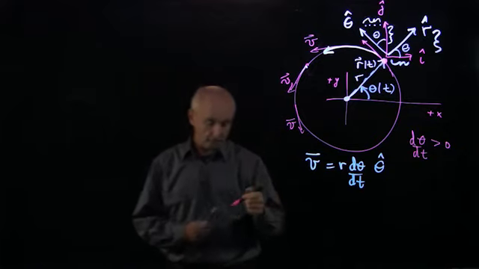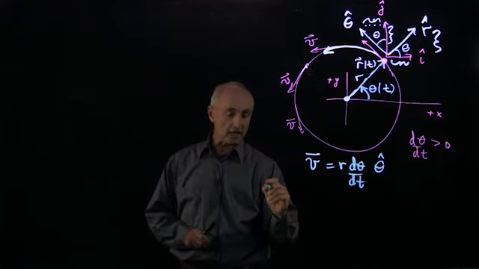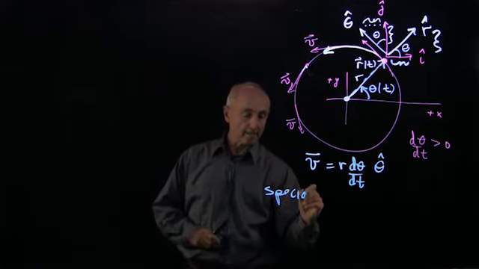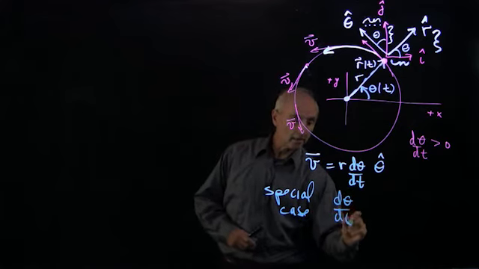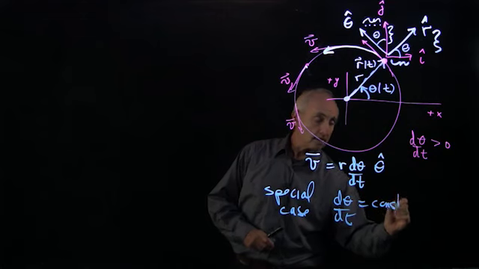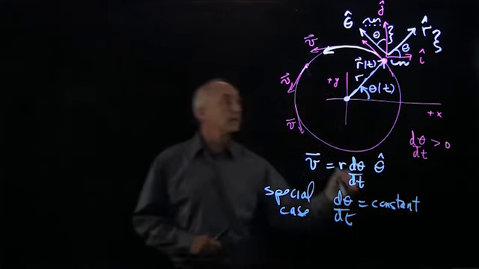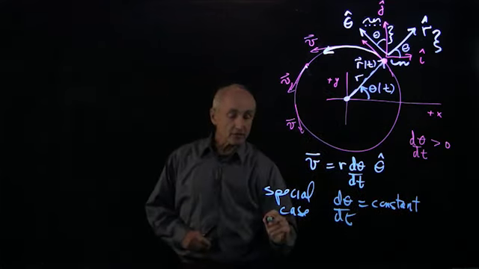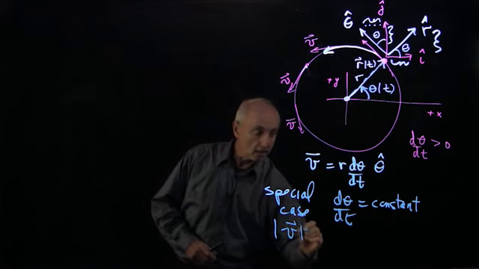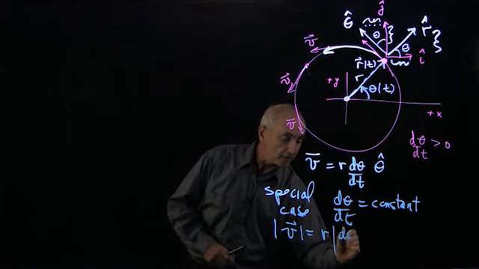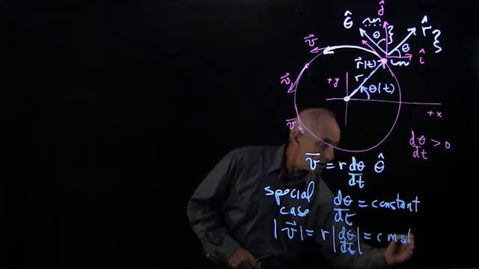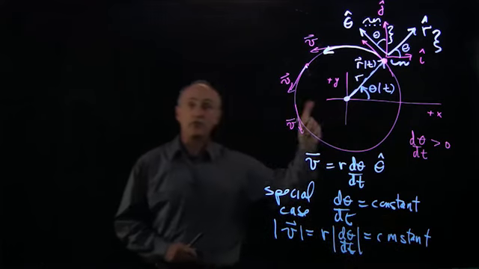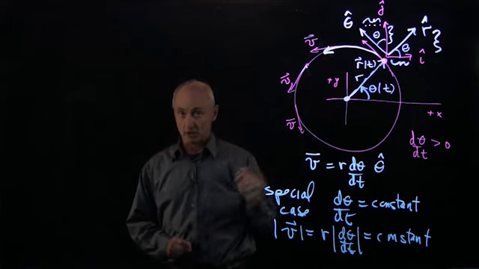Notice that if we consider the special case in which dθ/dt is a constant. In that instance, the magnitude of the velocity, v, is given by r times the magnitude of dθ/dt, and that is also a constant. But the velocity vector is changing direction.